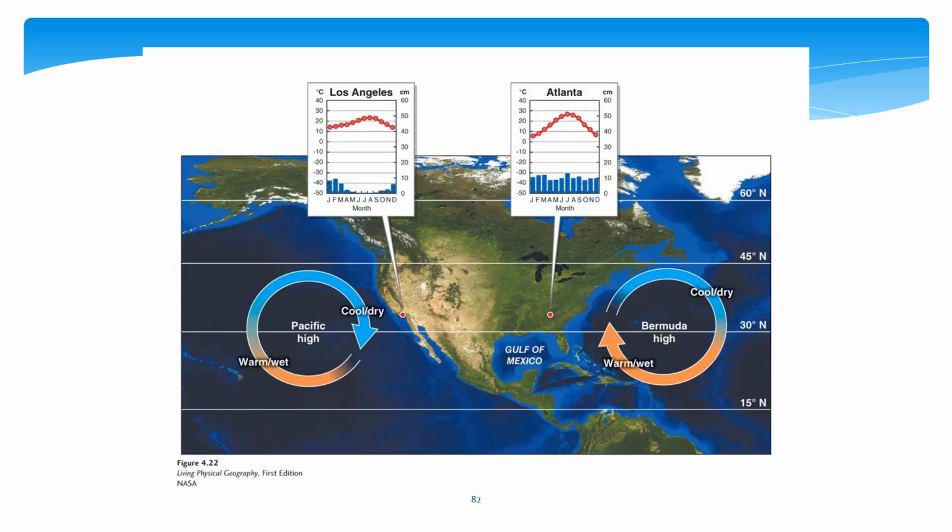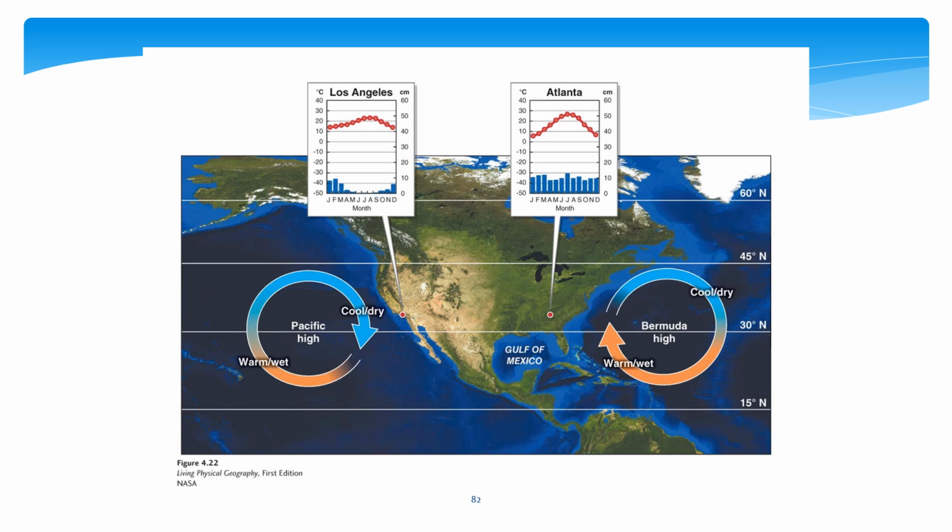Finally, here we are comparing these summer precipitation patterns on either side of North America, determined by whether that side of the continent is being affected by the Pacific High or the Bermuda High. Let's look up at our climate graphs here. The one on our left is for Los Angeles on the west coast. The one on the right is for Atlanta on the east coast.